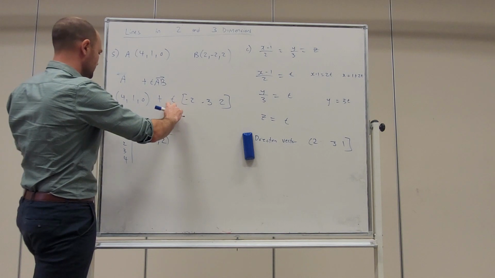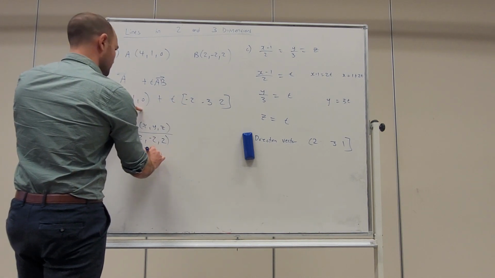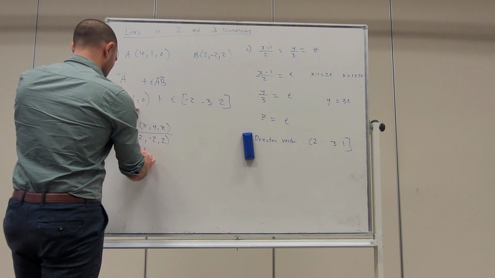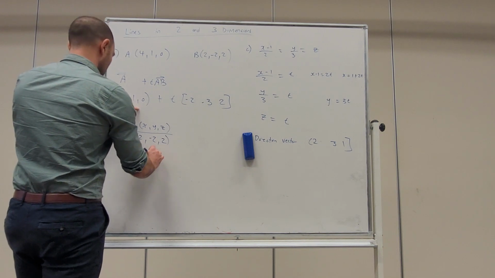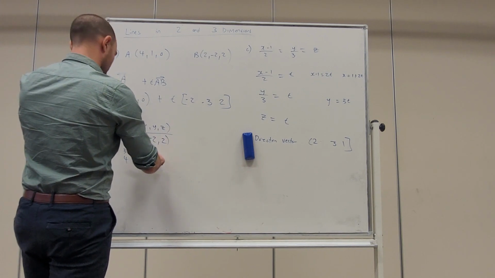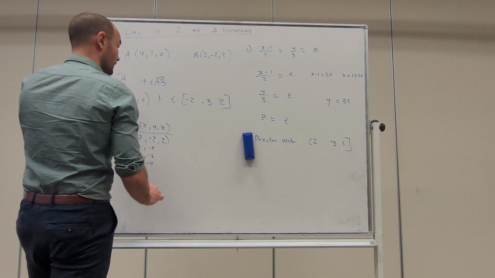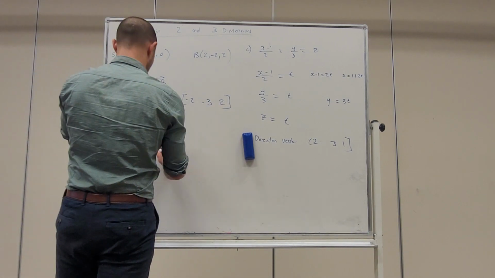We're pretty happy with the process. So we'll have 0. And then y, down by 3. Z is down by 2 each time.